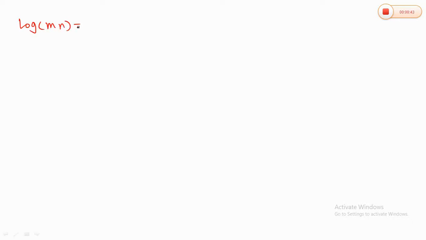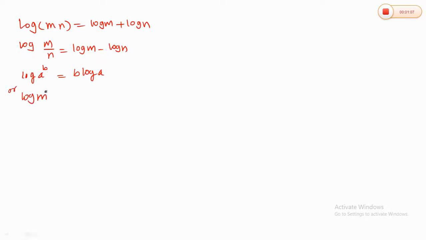So observe the properties of log functions, that is, log of mn equal to log m plus log n, log of m by n equal to log m minus log n, log of a raised to b is equal to b log a, or log of m raised to n equal to n log m.